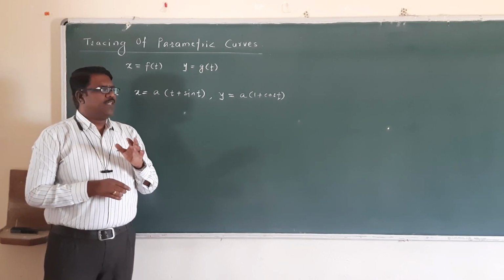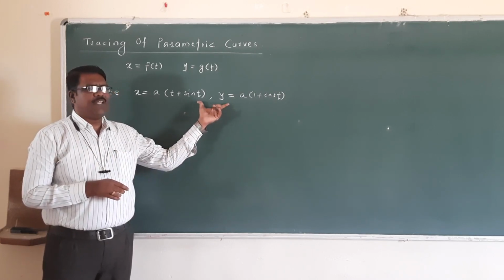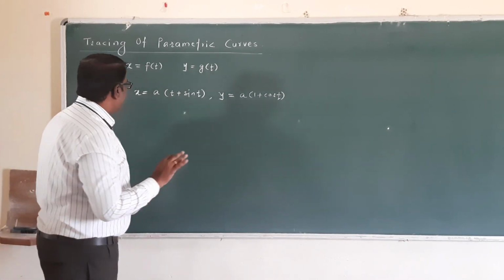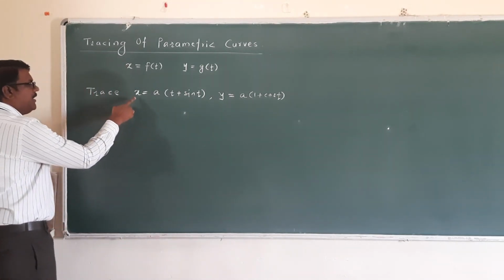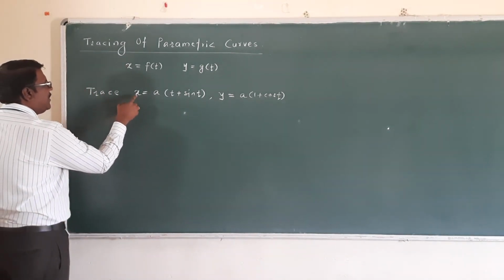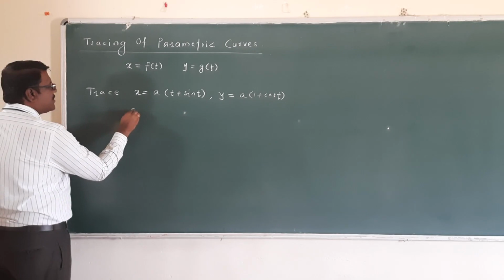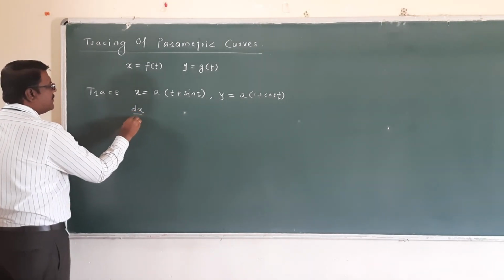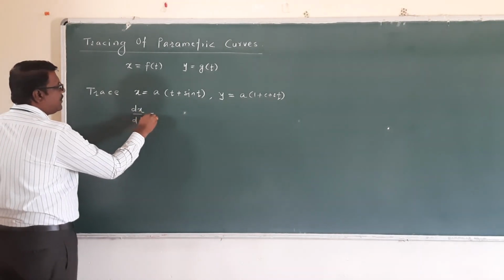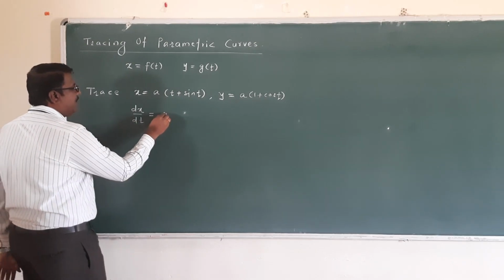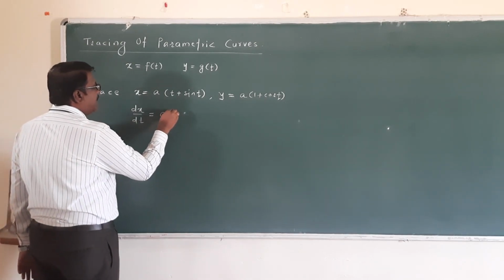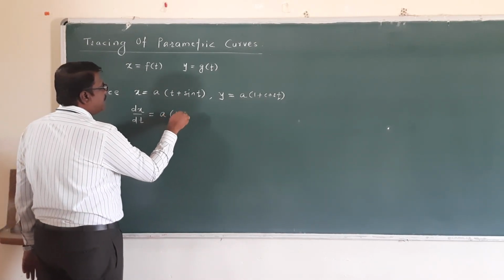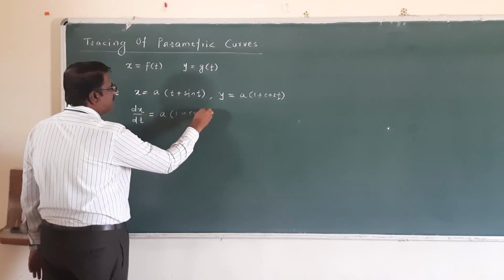Now to trace, what do we do? First, we will calculate dx by dt. Differentiating x with respect to t, we get dx by dt equal to a into (1 plus cos t).